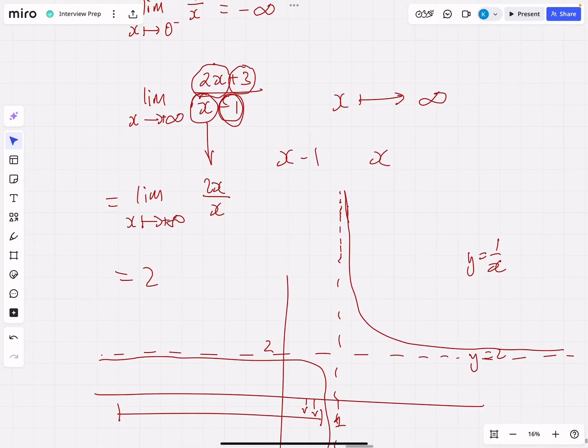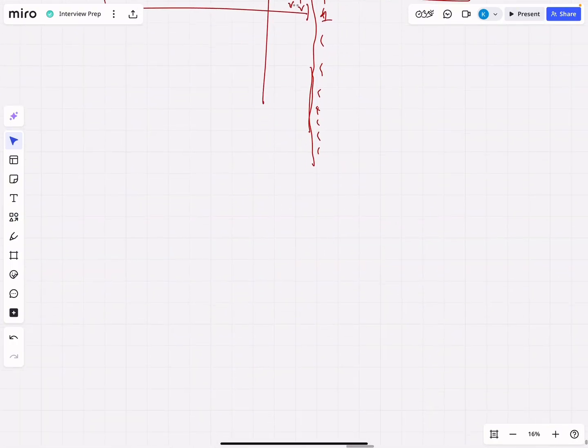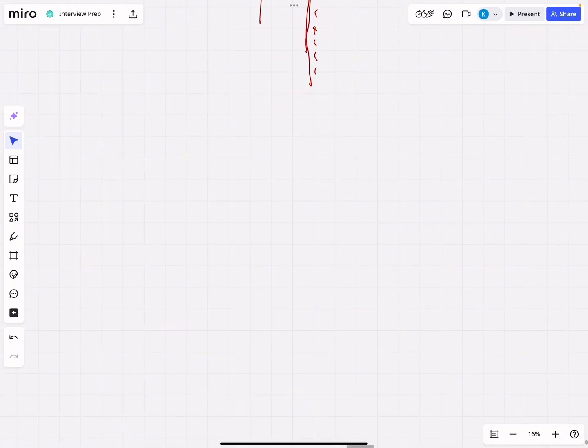Yep. So, for example, we can extend this idea. If we have the limit as x tends to infinity of x cubed over a whole load of zeros, x squared, right?